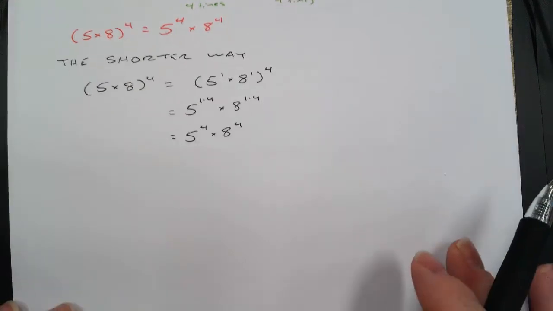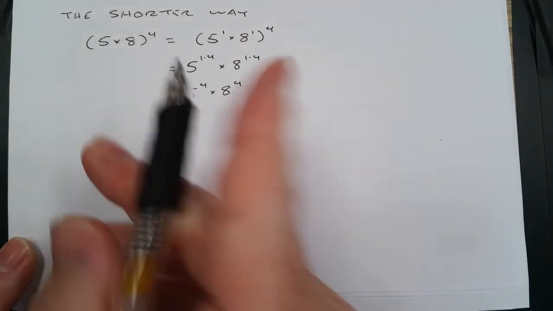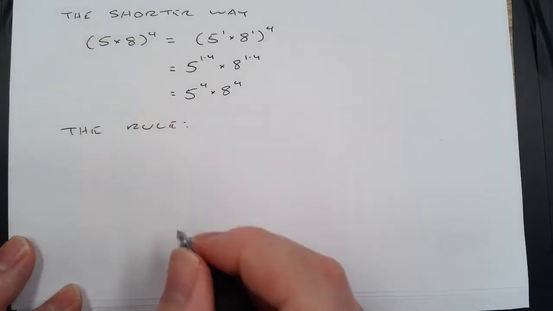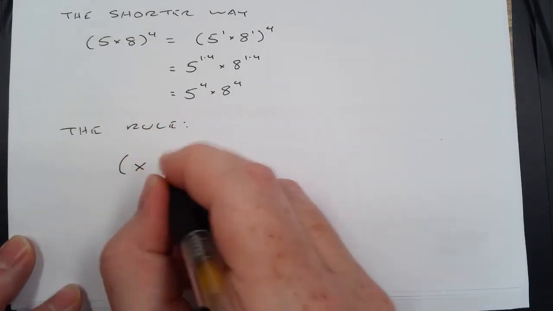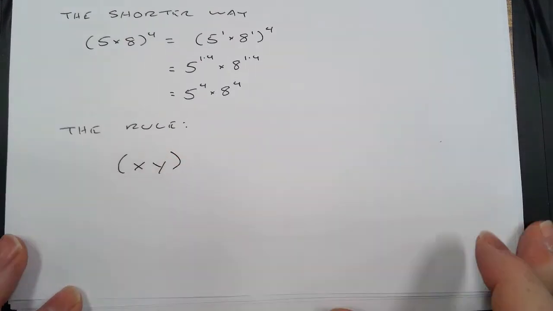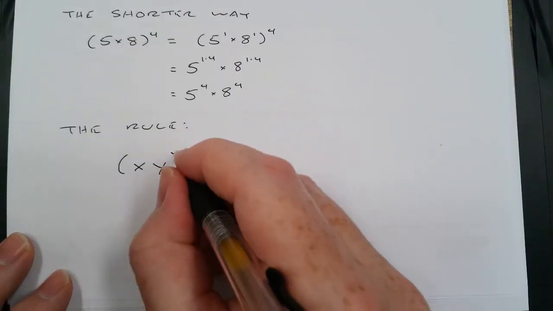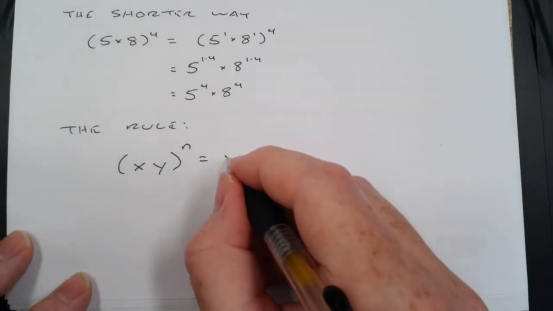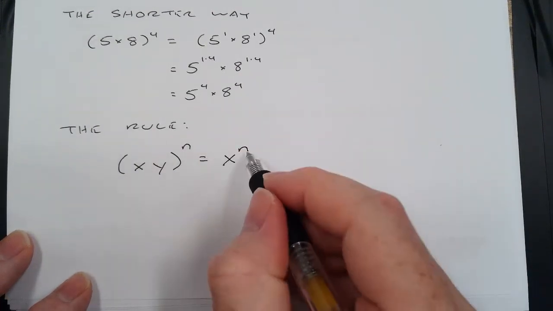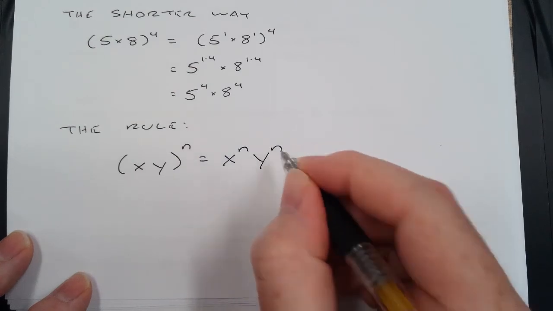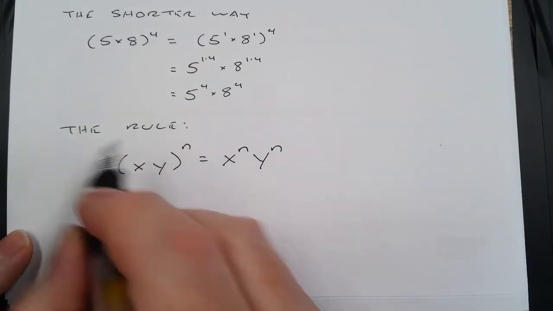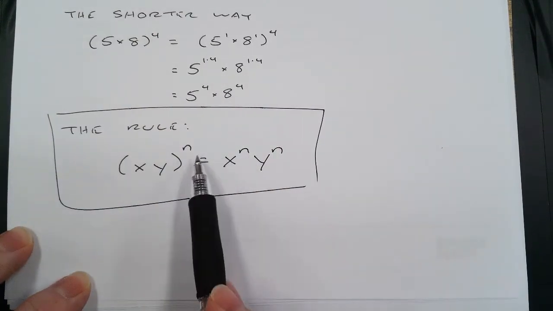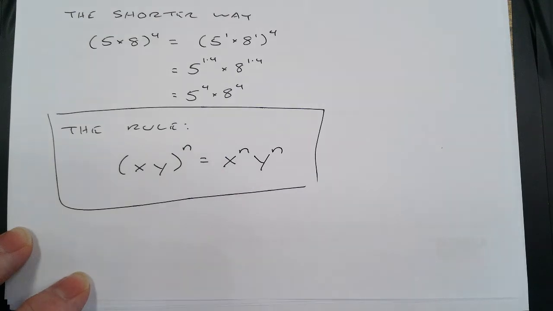So this is the second rule today. When we have 2 numbers multiplied inside the parentheses, and we have an exponent outside the parentheses, we can just pass the exponent to each thing inside. The exponent gets passed inside.